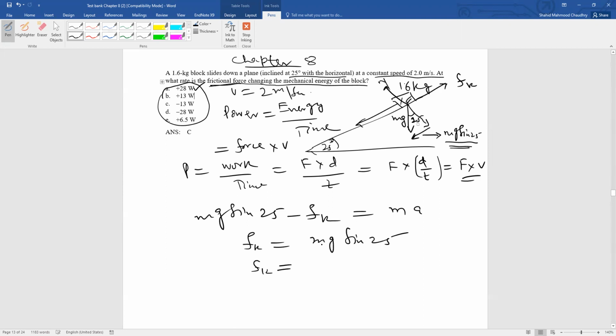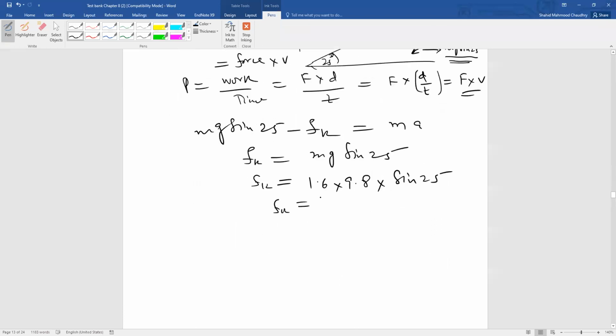And f_k is equal to, m value is given, 1.6 into 9.8 into sine of 25. If we solve this, after this calculation we get the answer 6.62 Newton. So this is our frictional force.